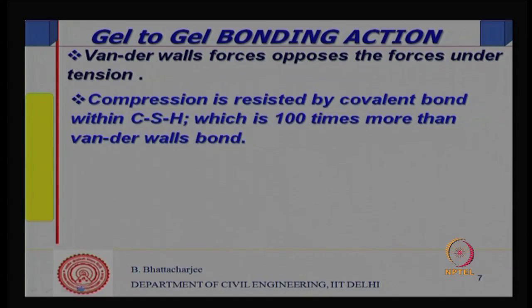Compression, on the other hand, is restricted by covalent bonds within CSH. Now, if you try to push the sheets under compression, you are pushing one sheet against another, which means that you are trying to compress the CSH bond itself, which is not possible.